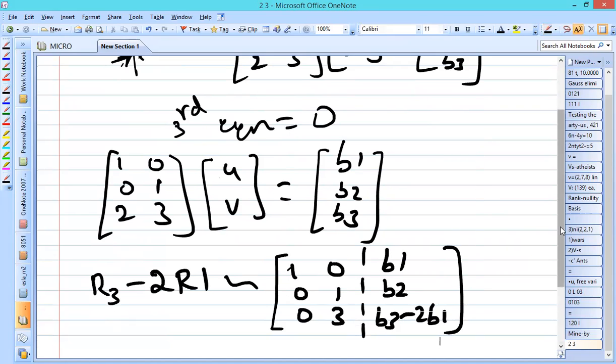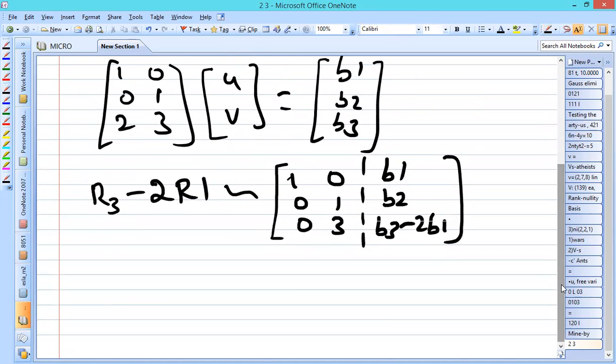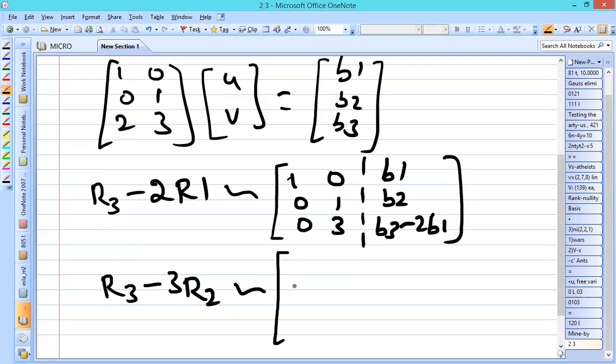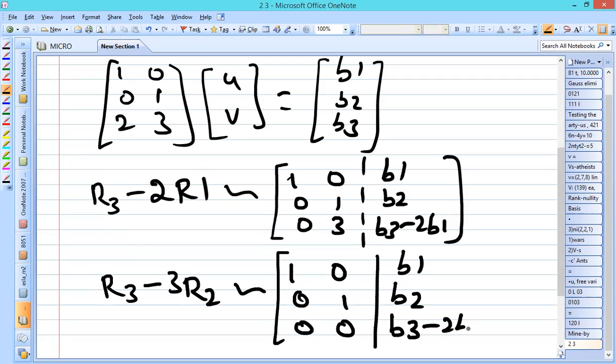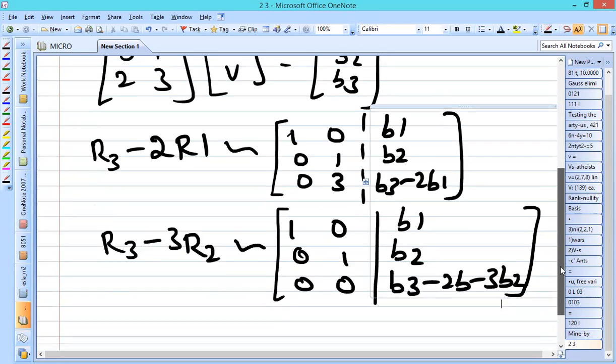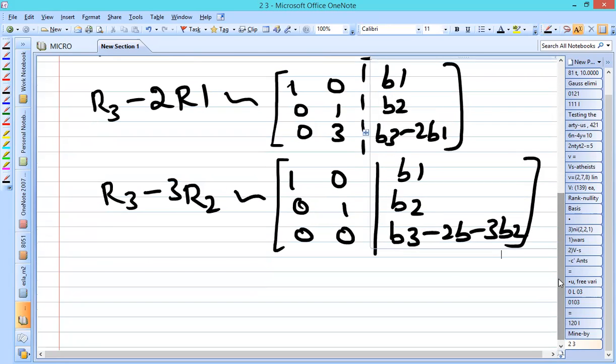Next, to make the third element 0 once again, I'll perform R3 minus 3R2. It will result in 1 0 b1, 0 1 b2, and 0 0 b3 minus 2b1 minus 3b2. This is the reduced form of the given matrix.